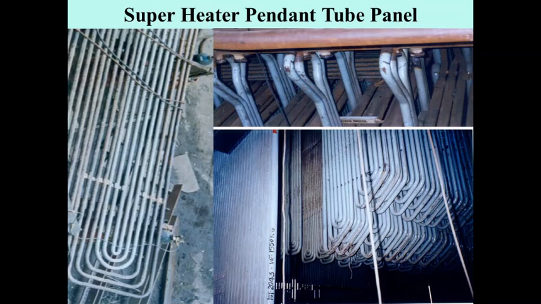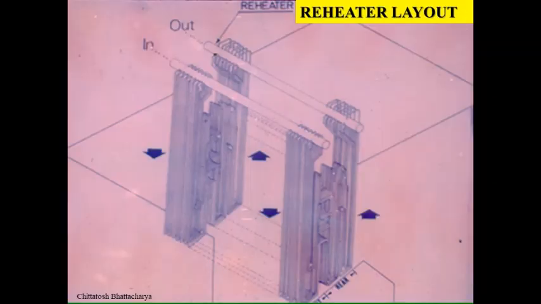Now let us see the reheater arrangements. From the HP turbine outlet, the steam re-enters the boiler for reheating, and this is done because at the outlet of the HP turbine the pressure is less, so we heat this steam in such a way that the original superheat temperature is attained.